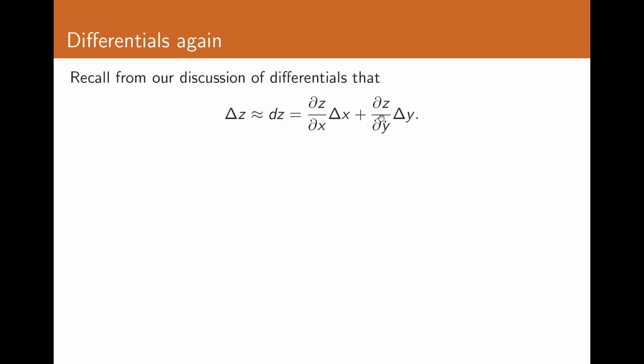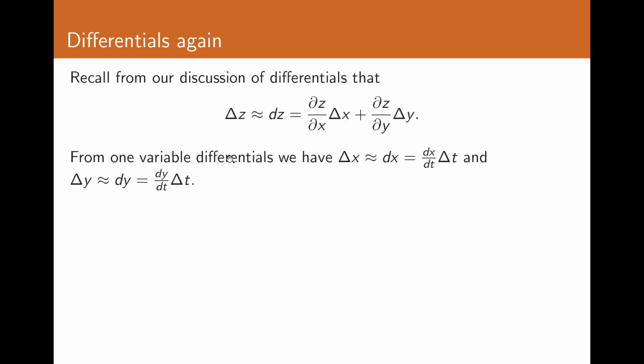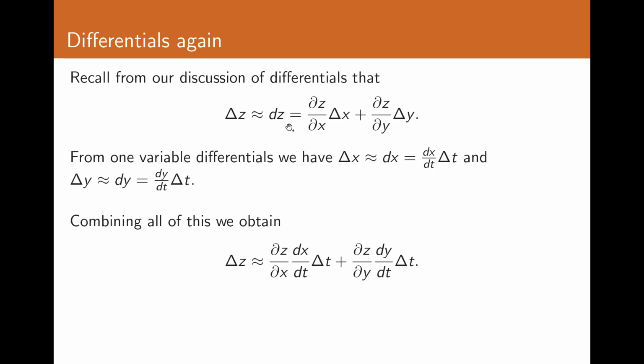We're going to use this because if we look at differentials in one variable, we have delta x is approximately dx, which was dx/dt times delta t, and delta y was approximately dy, which was dy/dt times delta t. So we can replace the delta x and the delta y in the above equation for delta z, so that we get the t involved now.